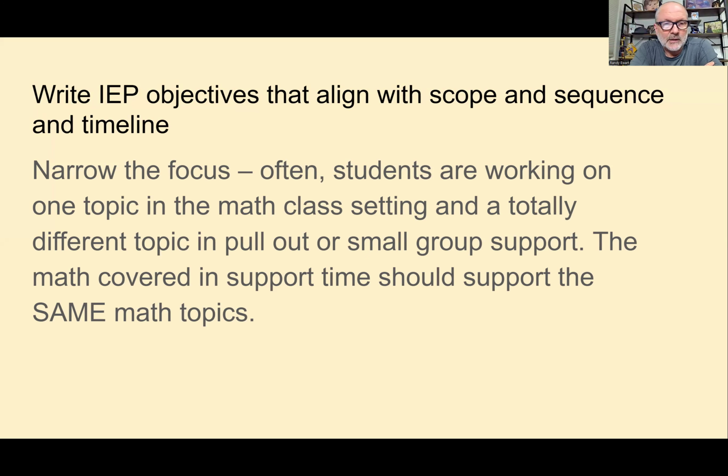So I like the focus to be narrowed and have the students work on basically one math objective, one topic at a time. And even if it's in a small group or pull out, they're still supporting that one math topic, as opposed to the support working on one math topic and then in the classroom there's a different math topic. That's a lot of extra math.